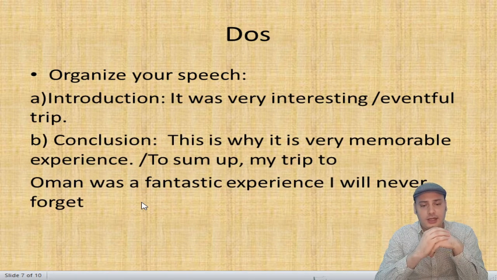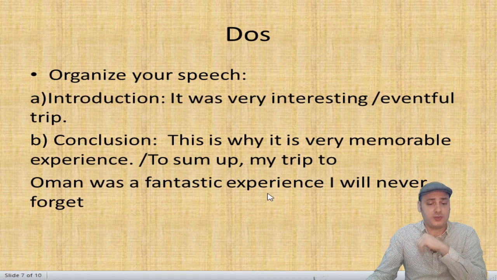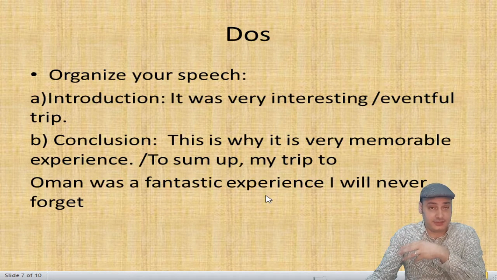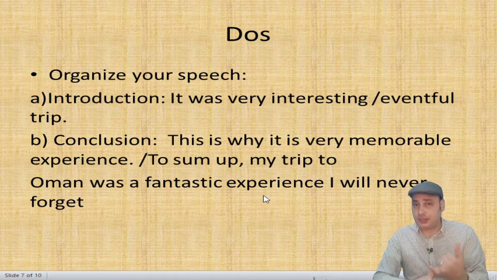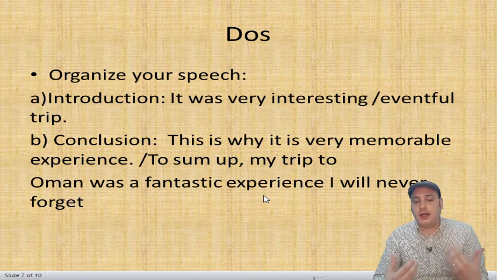For example, you can say, this is why it is a very memorable experience. To sum up, my trip to Oman was a fantastic experience I will never forget. So you can use the phrase to sum up, which shows that you are summarizing something. Okay.